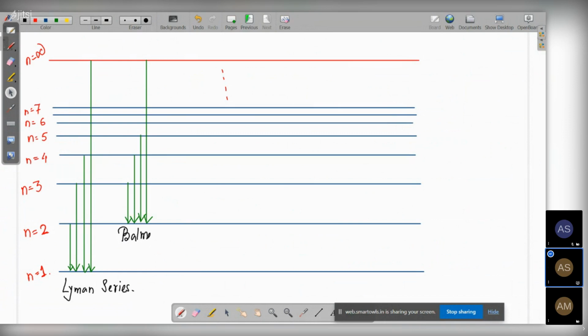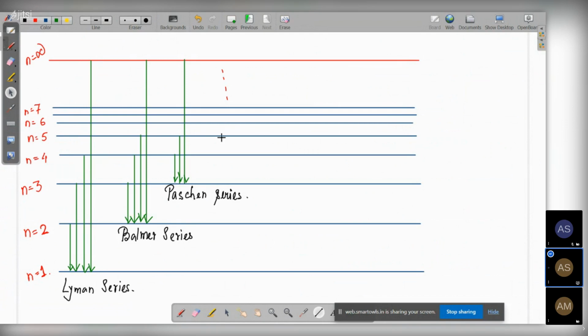If it is happening till n equal to 3, from anywhere, that doesn't matter, then it is called the Paschen series.